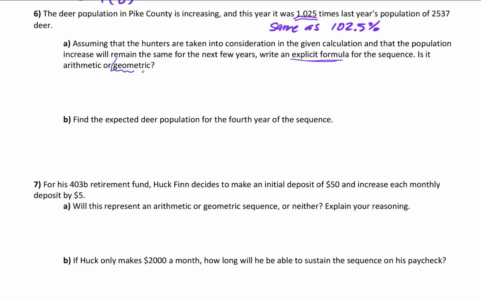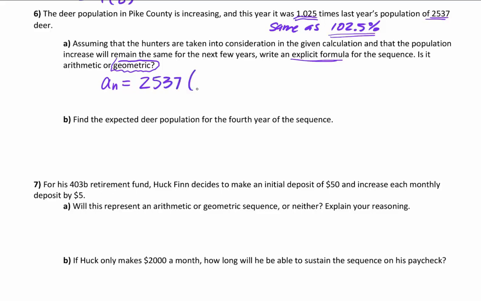So the family that this would belong to would be the geometric family. Usually percentages are. You can't guarantee that, but it's a pretty good bet. And so the explicit formula here, if we write it out, is A_n equals the initial value of how many deer there are, so that is 2,537.